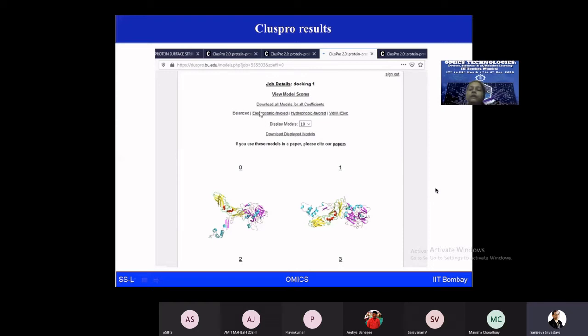But if we do not have any information, we can go for balanced. These are the various clusters of complexes being shown here. We basically have to look at each complex and try to make sense of what is our expected result.